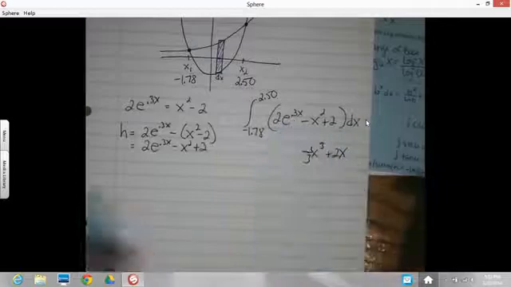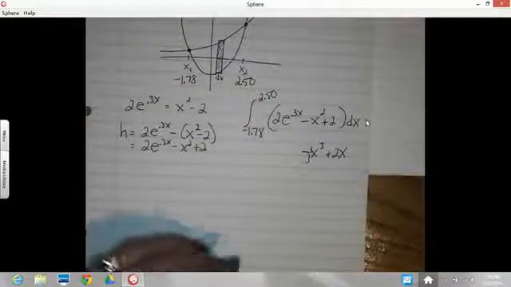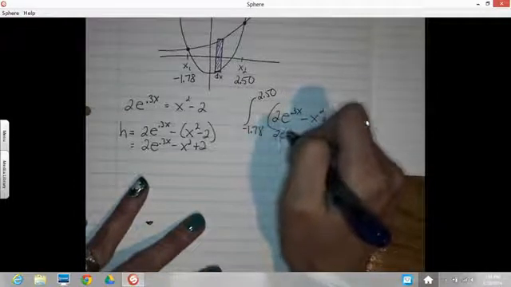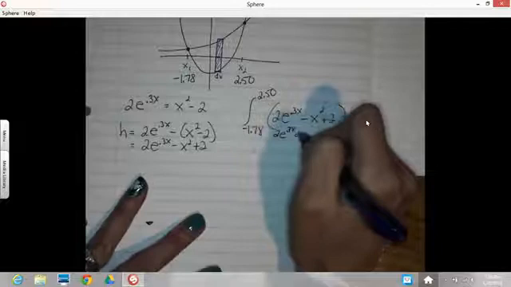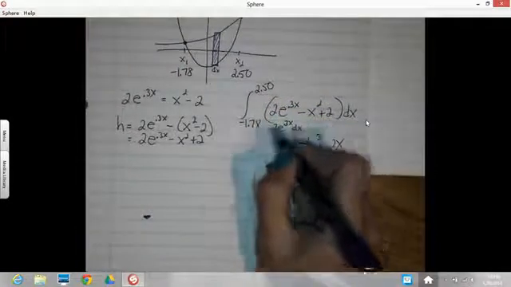This one is a problem. You have a rule for integrating e to the u. The integral of e to the u du, as long as the u prime is attached to the du, integrates right back to itself. But I have to have the derivative of the u here before I can integrate it back to itself. So if I was just to write that one term down there, 2e to the 0.3x with a dx, the u is this 0.3x. u equals 0.3x.